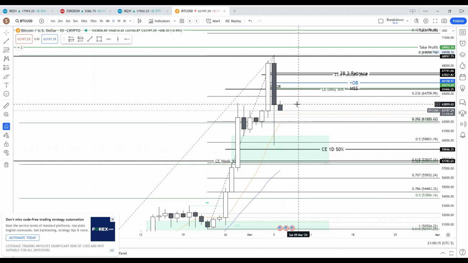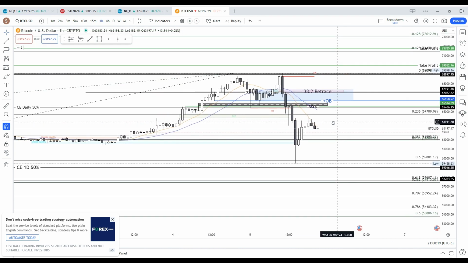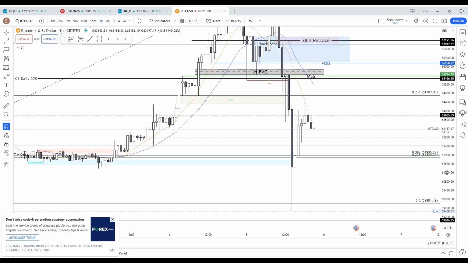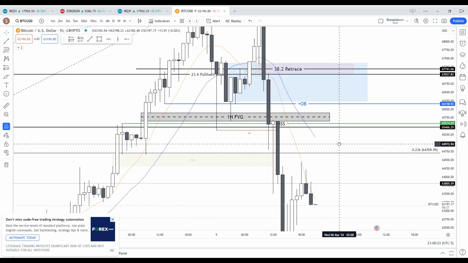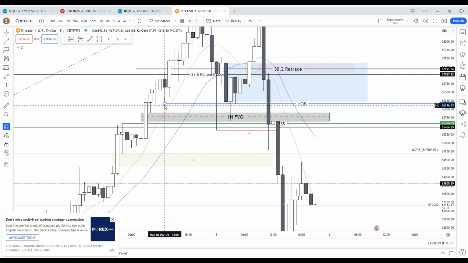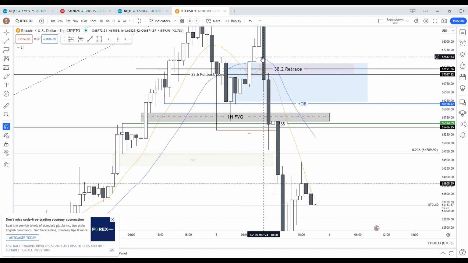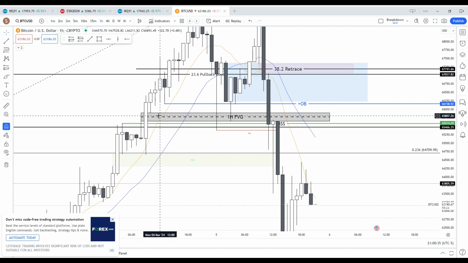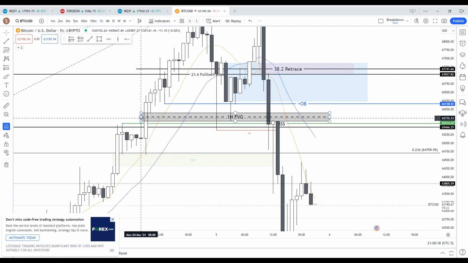So I just wanted to point out, yesterday we marked out this 1 hour fair value gap. You could see how much it was respected. Just wicks. Wicks do the damage, bodies tell the story, right? Came back and respected this order block. If you were looking to short this thing, I would wait for this 1 hour to inverse.